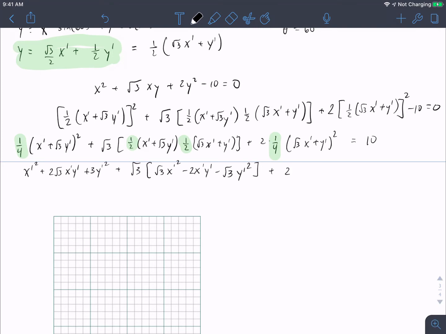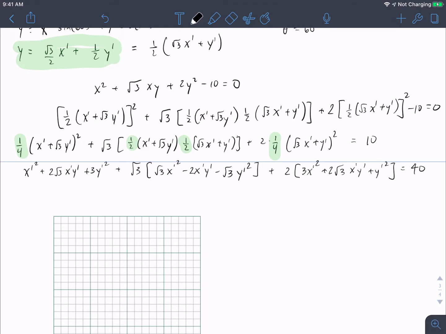Plus, we have that 2, and then this is going to be expanded to be 3x' squared plus 2 square root of 3 x'y' plus y' squared, that whole thing, and then that's going to be equal to 40.